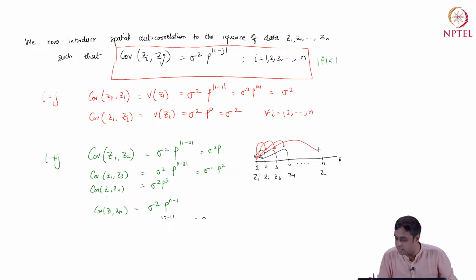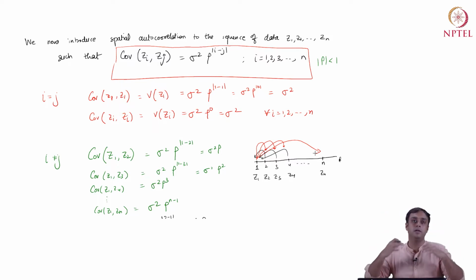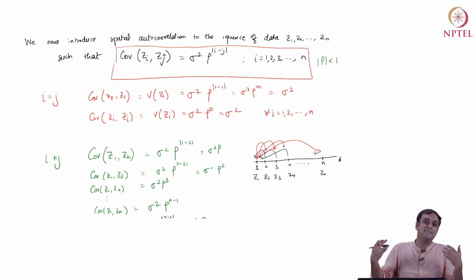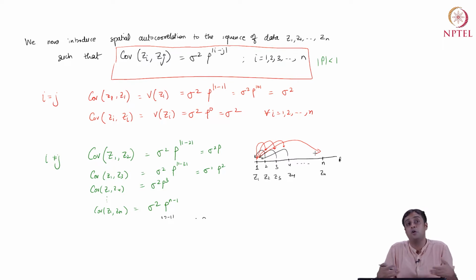Of course, as the distance increases, the strength of the spillover declines. So the strength of spatial dependence goes down. Now, instead of this real space being visualized in a spatial sense, I could have also thought of it as a time dimension.